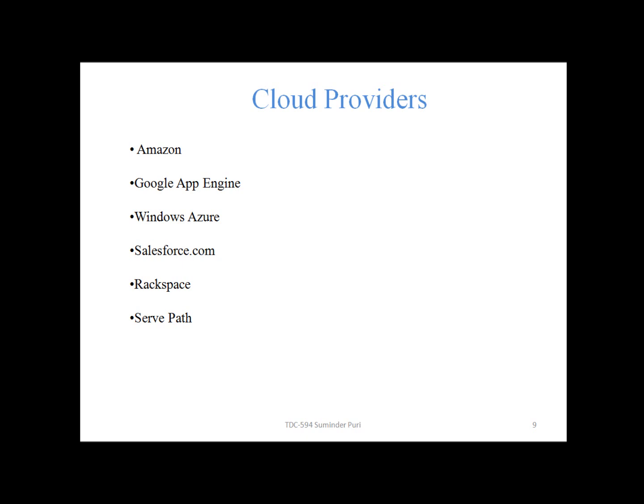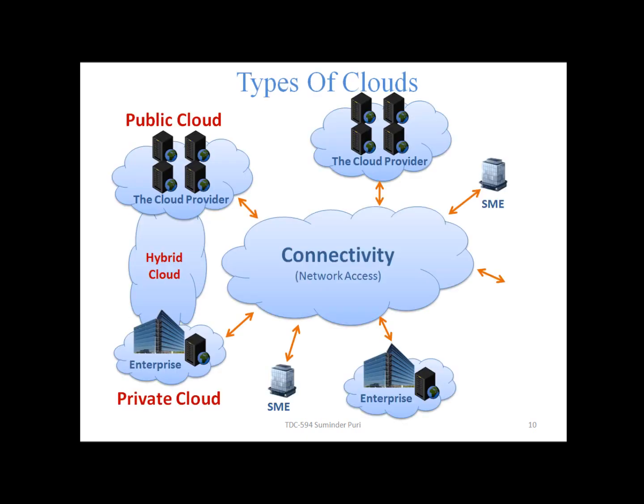There's Windows Azure, Salesforce.com, and Rackspace, which also provides infrastructure as a service. There's SurfPath. There are different cloud providers, but we can say Amazon right now is the most giant in cloud computing, providing the services of infrastructure as a service.